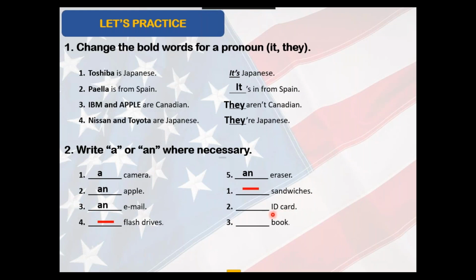ID card. Consonant sound or vowel sound? Has vowel sound, right? An ID card. Book. Consonant sound or vowel sound? Consonant sound. Yes, correct. A book. Perfect. Now let's continue.